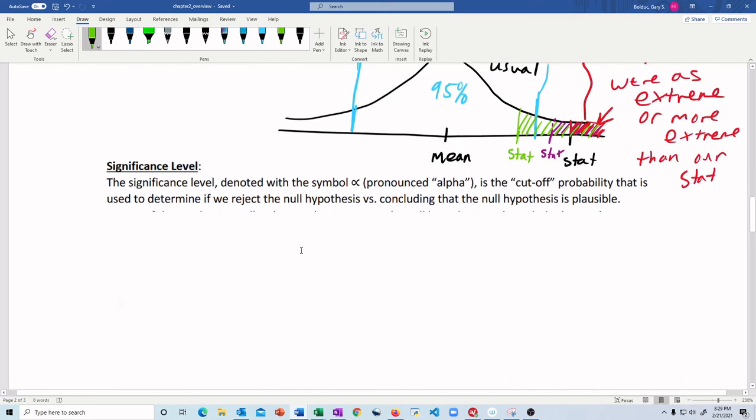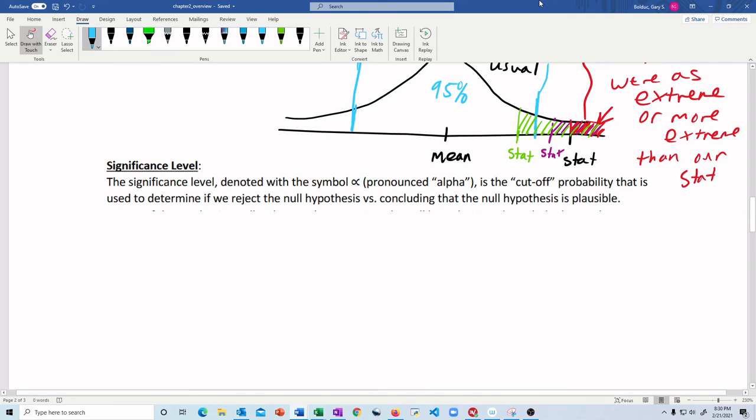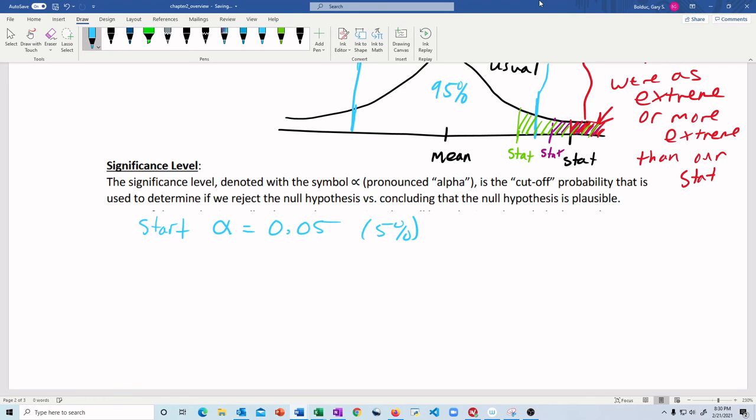And then the other thing we're going to talk about here is this thing called the significance level. To start, alpha is a symbol. We're going to start with this as 5%. Okay? And so we've been using, last chapter, beginning of this chapter, our cutoff is 5%. If you're in the outer 5%, you're unusual. Inner 95%, usual, right? And I just said, believe me, 5%.